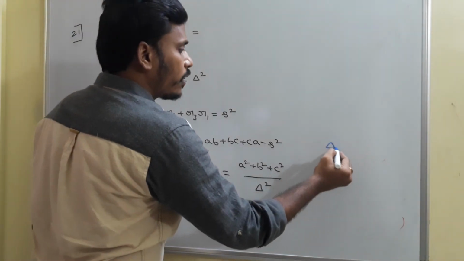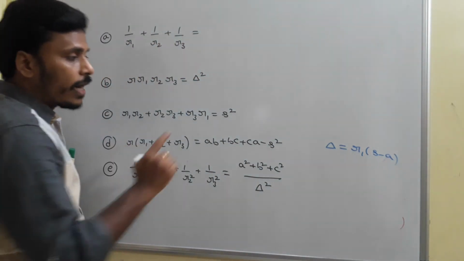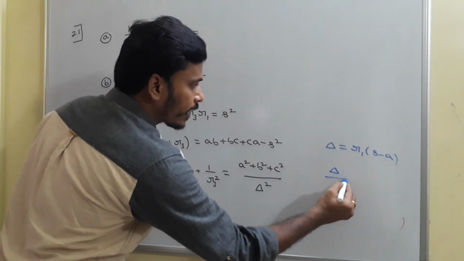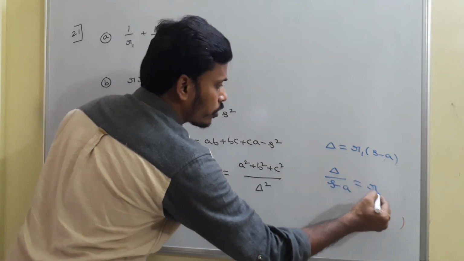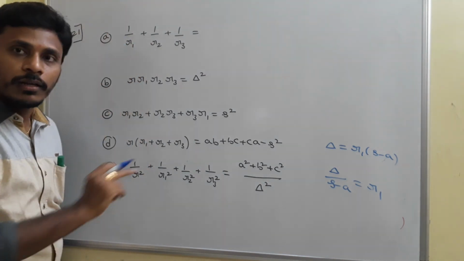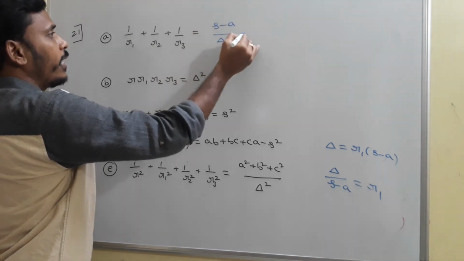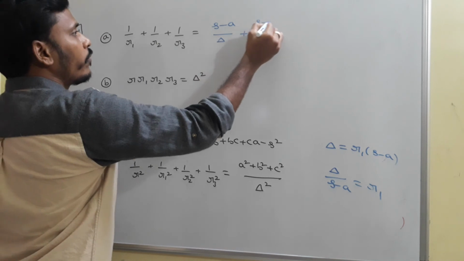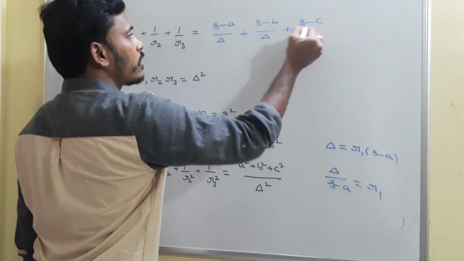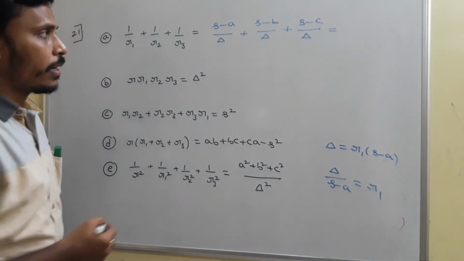We have a formula that delta is equal to R1 times S minus A. So delta by S minus A is equal to R1. Then what do you say about 1 by R1? It is its reciprocal. So 1 by R1 is simply S minus A by delta. And 1 by R2 is simply S minus B by delta. And 1 by R3 is S minus C by delta. Very good. So S minus A plus S minus B plus S minus C by delta.